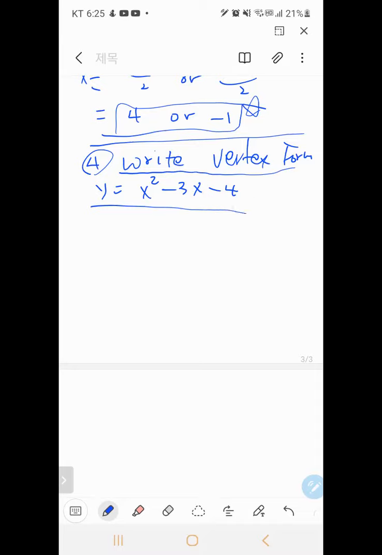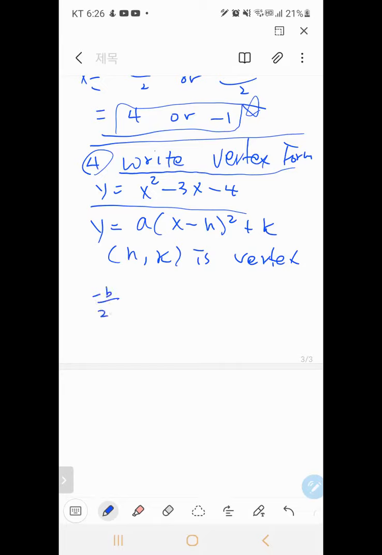So this is standard form. We want to write it in vertex form, which is y equals a times (x minus h) squared plus k, where (h, k) is the vertex. And to find the vertex, there was a really handy equation, which is this, and that is h, the x value of the vertex.